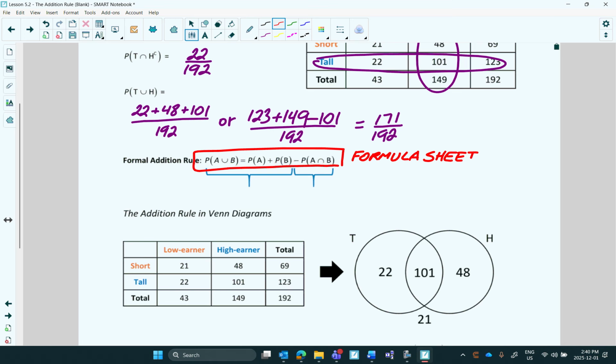So what we are doing when we find the probability of one event or the other event happening, we are finding the probability of A or B by adding.